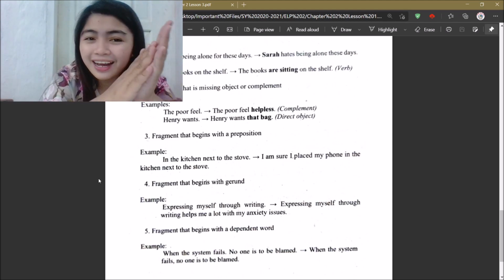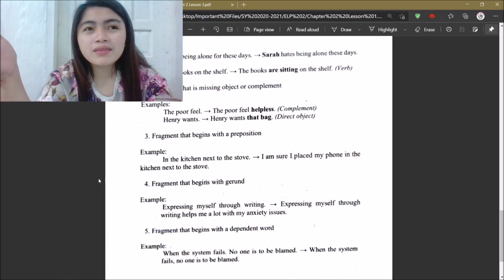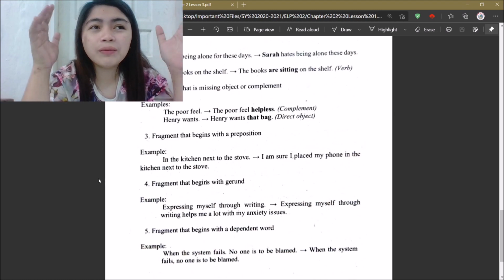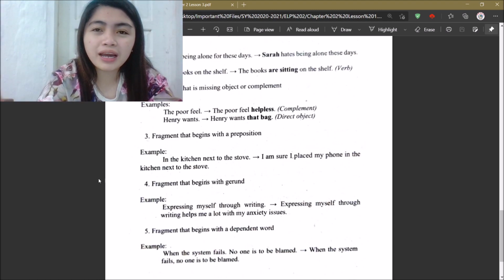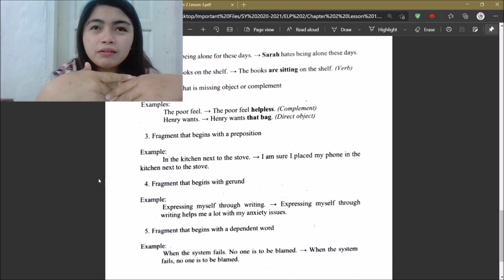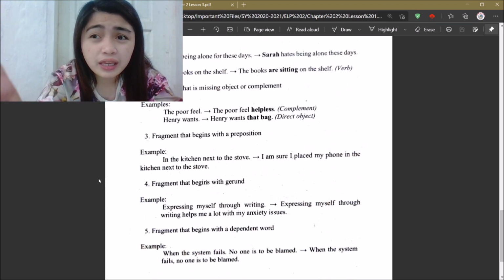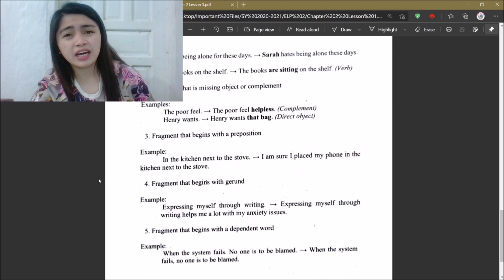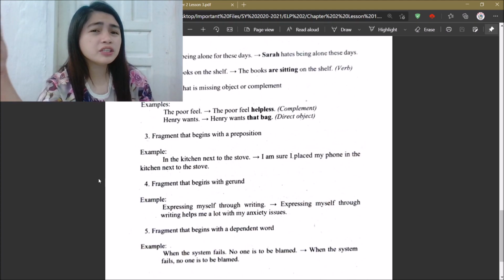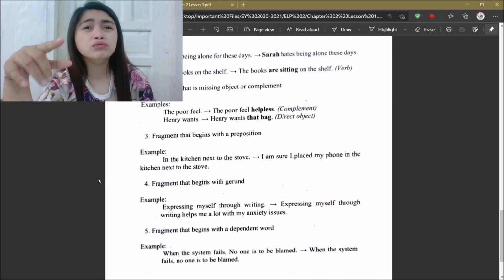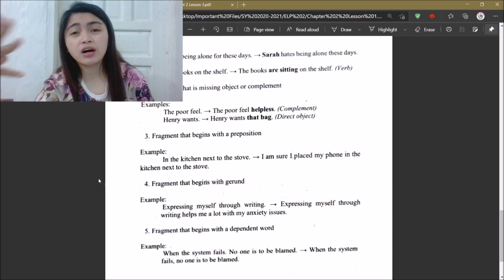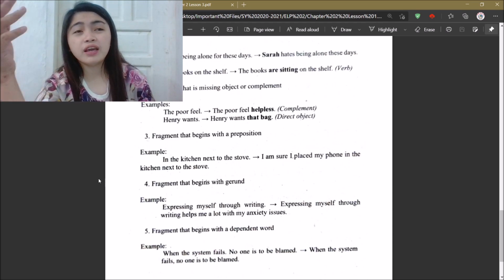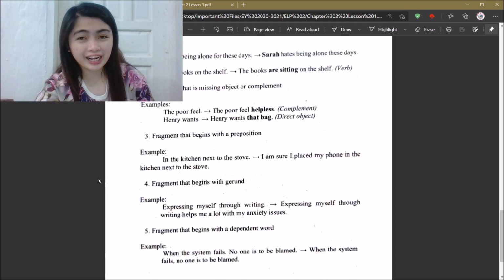So, yun nga, kailangan nating ma-realize on how important it is to be mindful on the sentence fragment that we use in our daily life. So, if you want to be understood clearly, you need to express your thoughts, convey your feelings correctly.